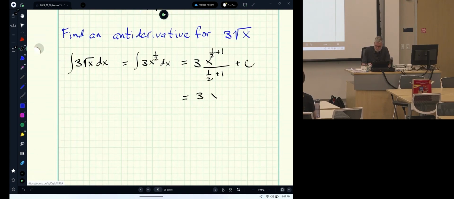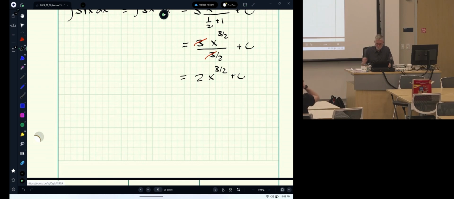And so that's 3x to the 3/2 over 3/2. And you get 2x to the 3/2 plus a constant. Okay, so that's how the power rule works, super nice when it's there working for you.